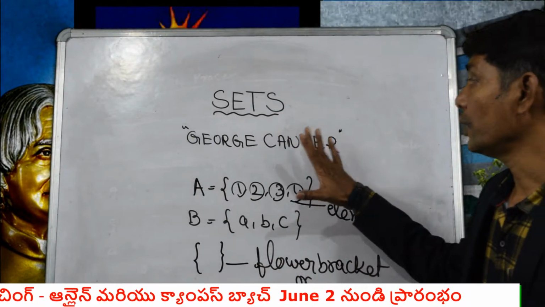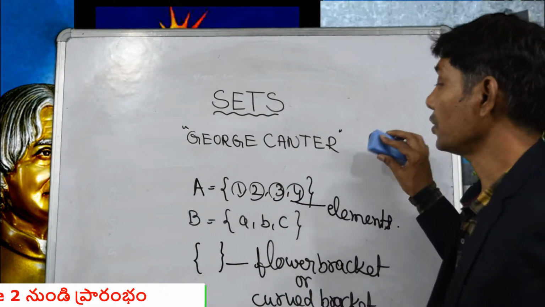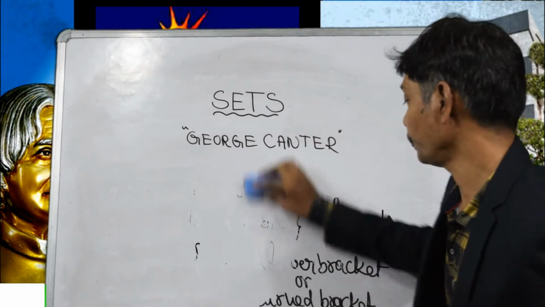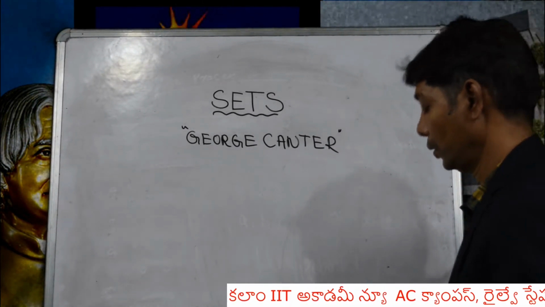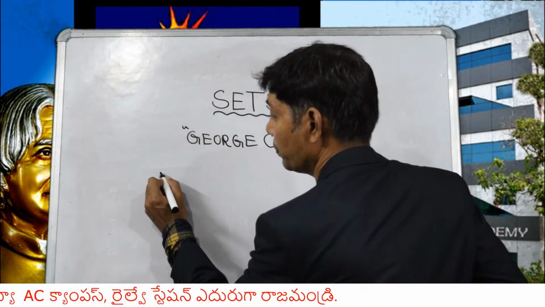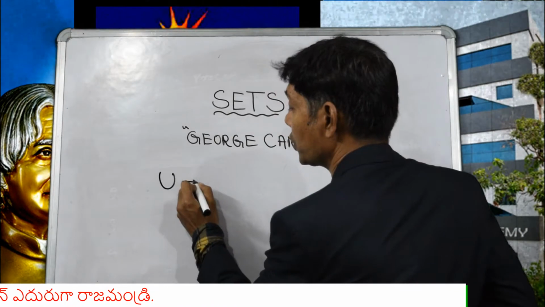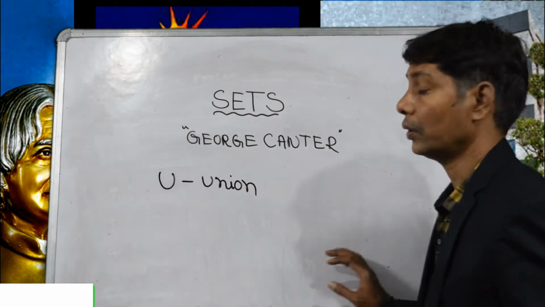In this way, we can calculate sets. In sets, we use this type of symbols. This is union.